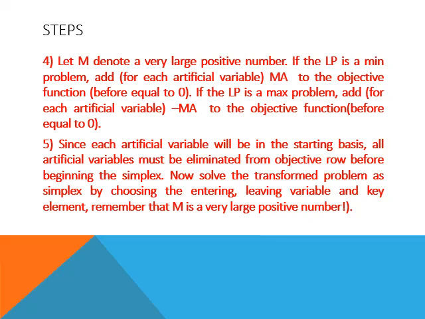In case of minimization, we will transform the objective function to the zero equation by subtracting the slack variables, negative s, adding coefficient 0 to slack variables, and by adding artificial variable a with the coefficient equal to big M. Remember, the sign of the coefficient of s is negative 0 and the sign of the coefficient of a is positive, actually big positive M. This is the main point here.